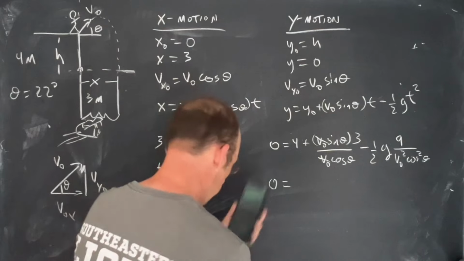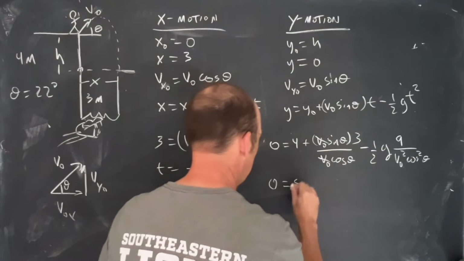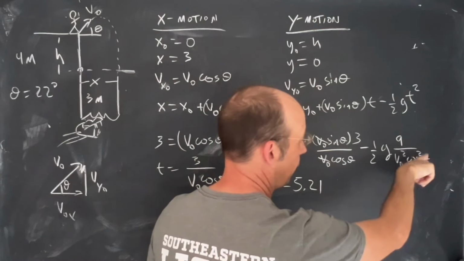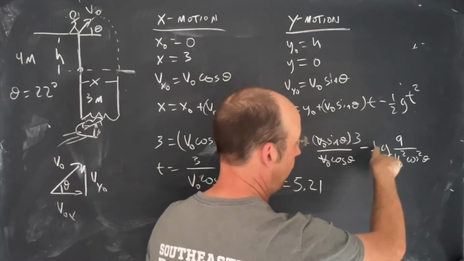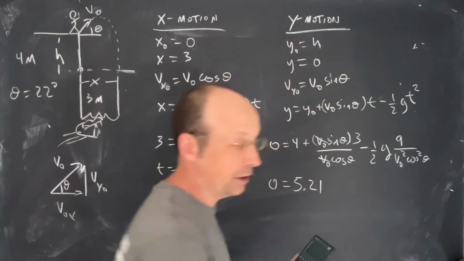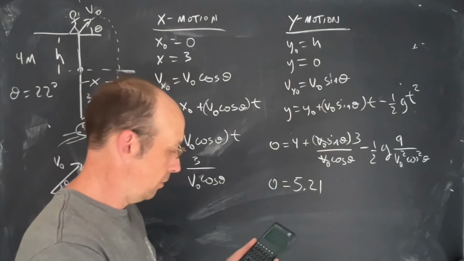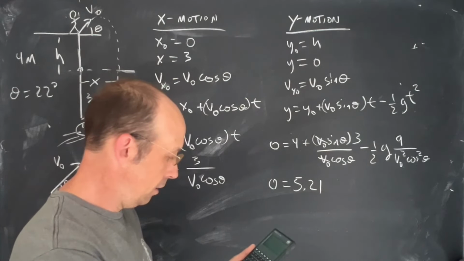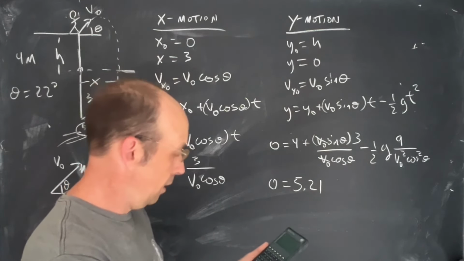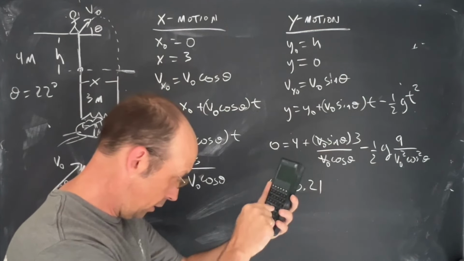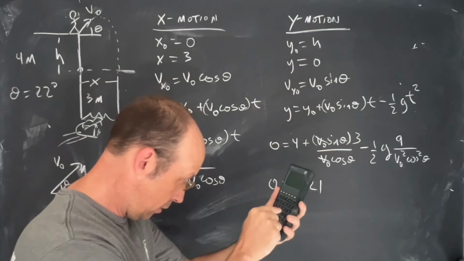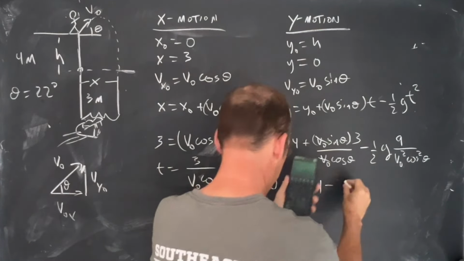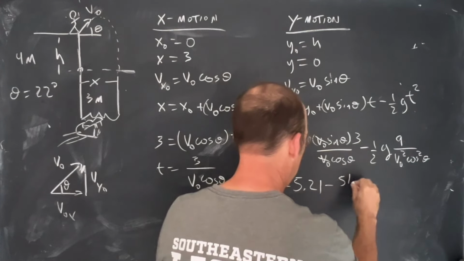This gives me 5.21. And then the other term, I have a half times g times 9 divided by cosine squared theta. Let's get that as a single number too. It's going to be a half times 9.8 times 9, divided by cosine squared of 22, and I get 51.2. So this is going to be minus 51.2 over v0 squared.